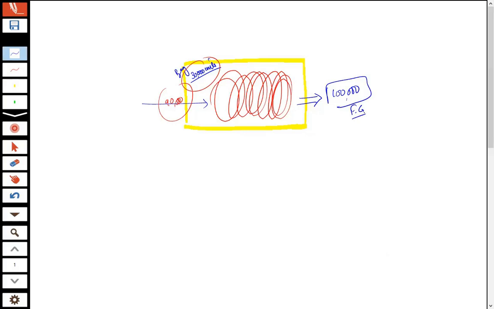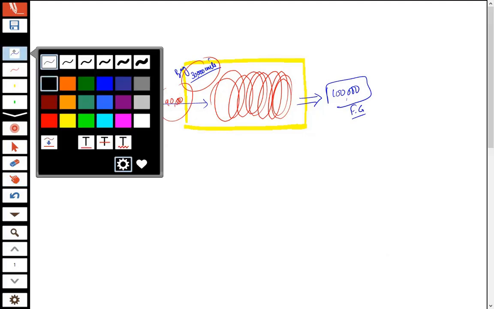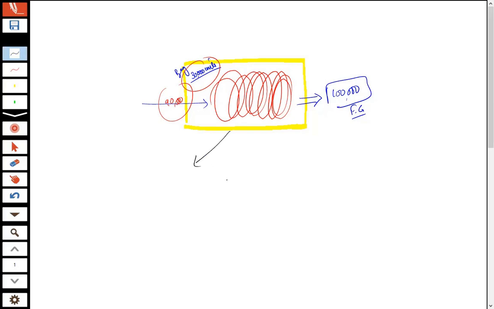Okay, now someone can ask which units you have worked on first. Whether these 30,000 units were worked on first or these 90,000 units were worked on first. Then we may have two answers. We can say that we don't know which were worked on first.